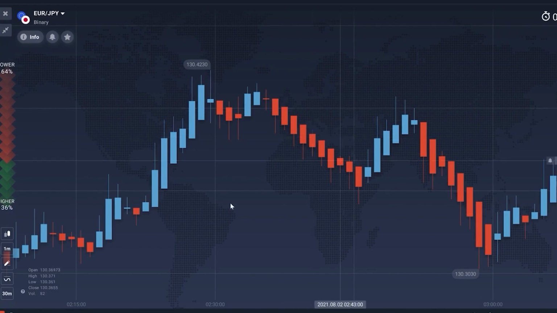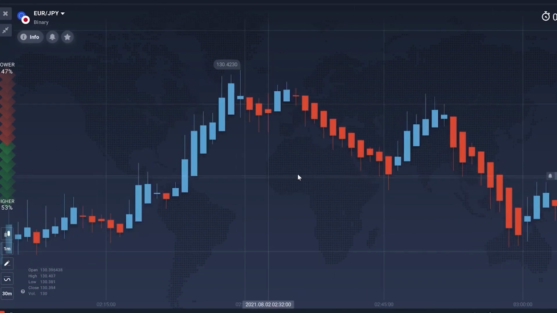In heikin-ashi, you won't see a red candle between the green candles in an upward trend, or a green candle between the red candles in a downward trend. An upward trend consists of strong consecutive green candles, and a downward trend consists of consecutive red candles. I've explained some of these points earlier in the video, but now I'm going over them in detail to review and to make sure nothing is missed.